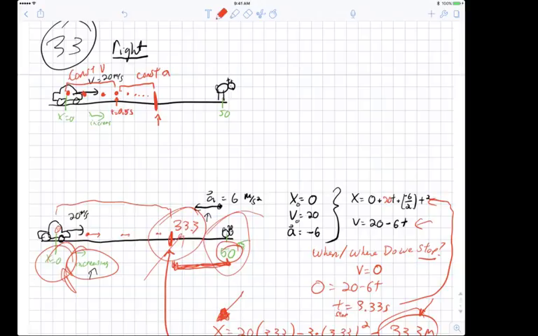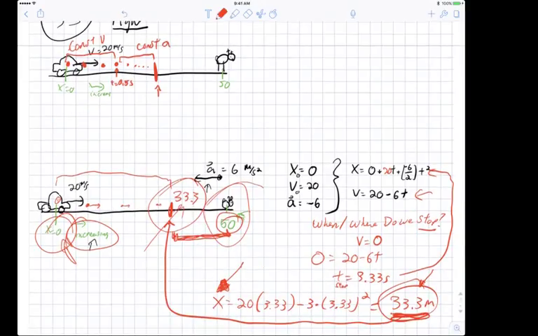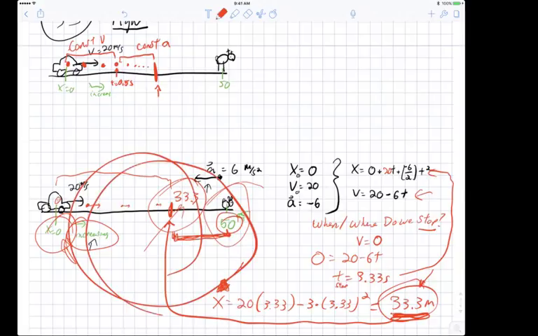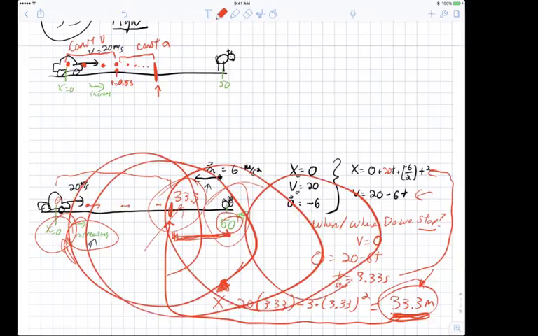Well, good news. We've already done half the calculation. Even the way we did this over here is wrong, it has some aspects that are right to it. So for instance, we know that the distance between where you start stopping, where you put on your brakes, and this time, we know that that's going to be 33.3 meters.